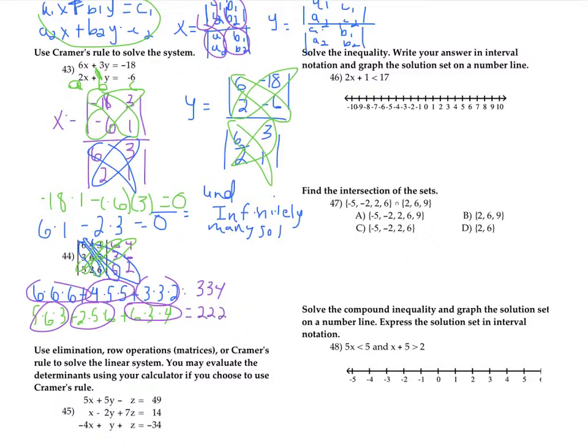Then what you do, because these are diagonals going different directions, you subtract them. And that gives you a beautiful, beautiful answer of 112. By the way, you can get negatives for determinants, so don't freak out if that happens. It's totally possible.